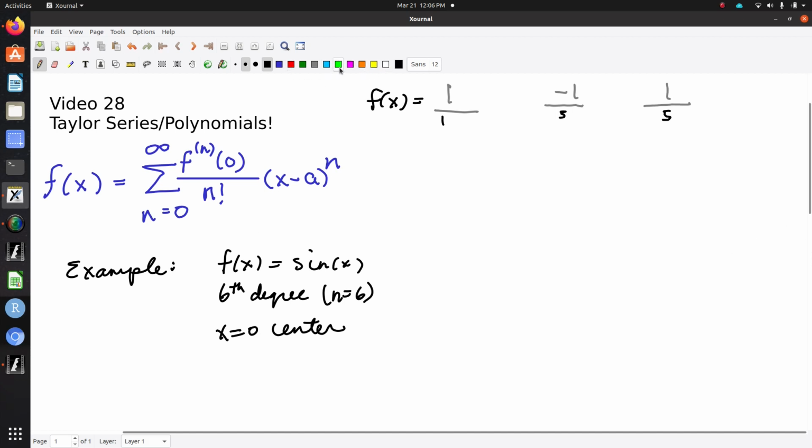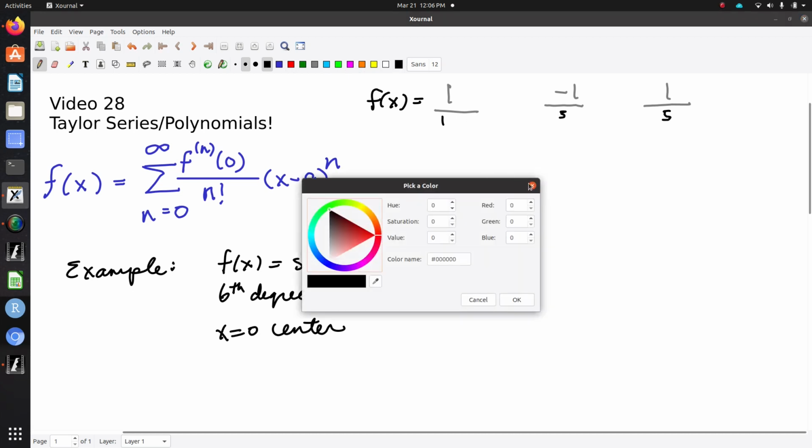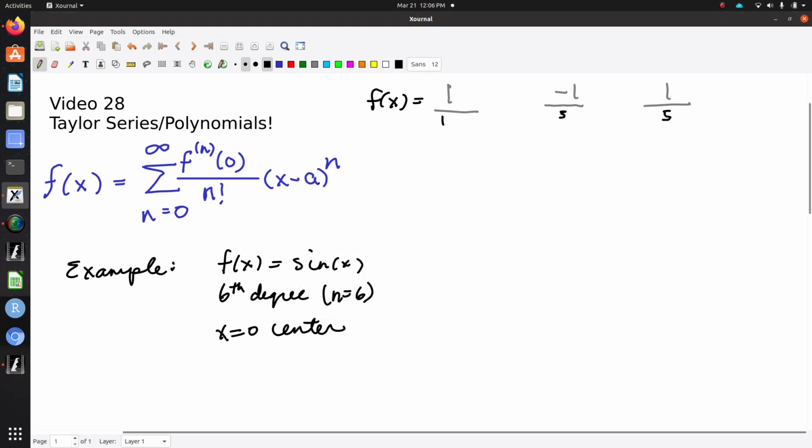All right? Okay, now what else do you have to put in here? You have to put in here the x minus a. Luckily, a is 0, so it's just going to be x to the n. N is 1. X cubed, x to the 5th. That's good. Okay, I think I can remember the coefficients, so I'm going to erase this now. I also need n factorial. Oh, okay, so divide by 1 is not a problem, but I want to divide by 3 factorial, so it's going to be 6.